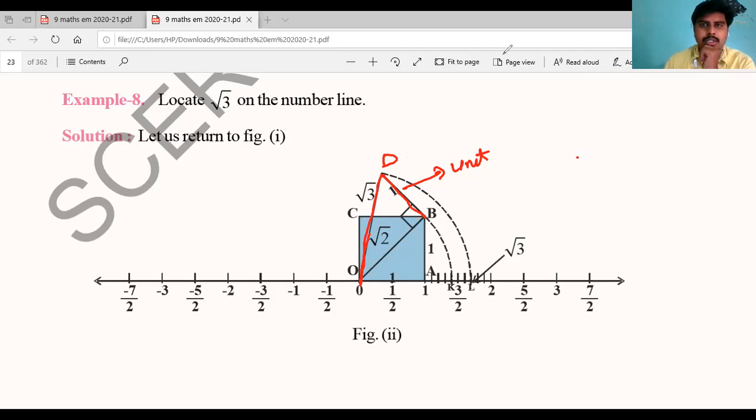Okay, once again look at this diagram. Already you have OABC as a square, and please draw a line like this.